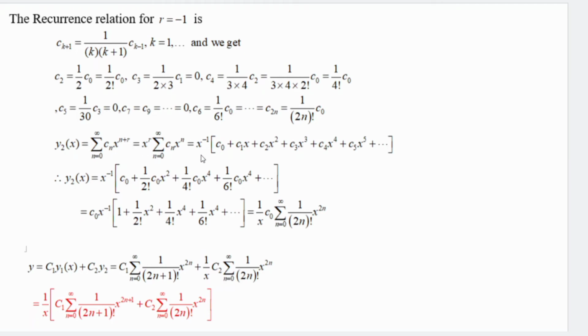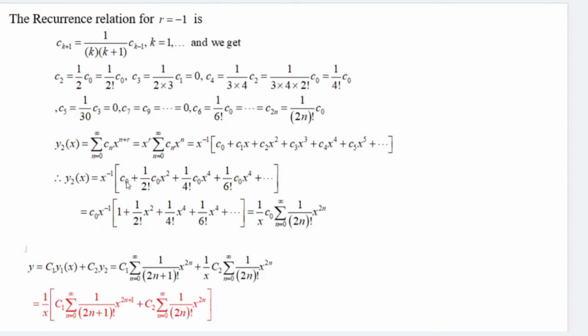Here I put r equal to minus 1 with c0, c1, c2, c3, c4, c5. Our c0 is any constant, c1 is 0, so no more of these terms. Only c2 is equal to 1 by factorial 2 c0, c3 is 0, c4 equals 1 by factorial 4 c0, c5 is 0. So finally we get this series.